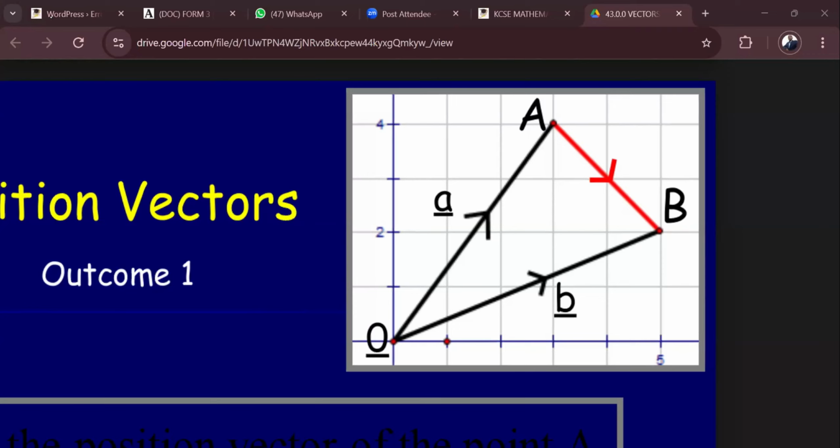So vector AB is equal to negative a plus b, which is b minus a.